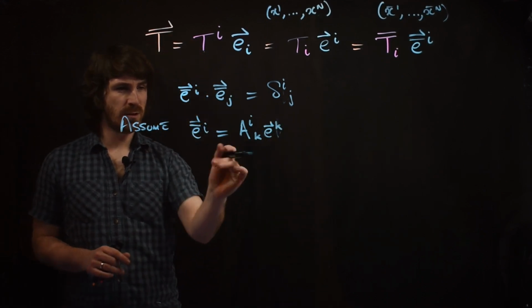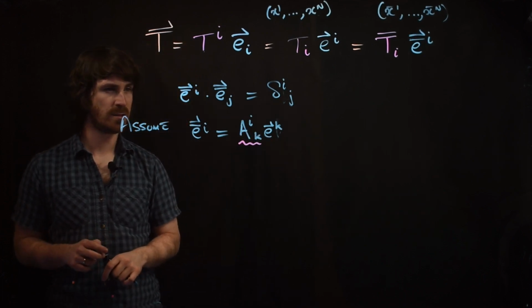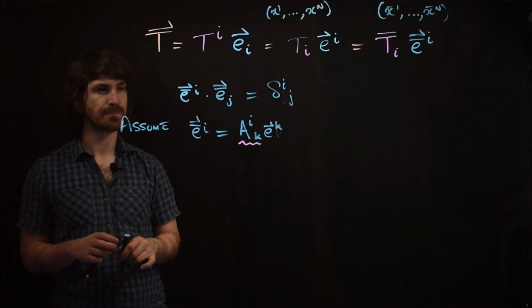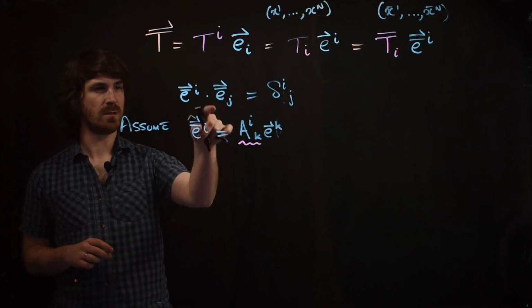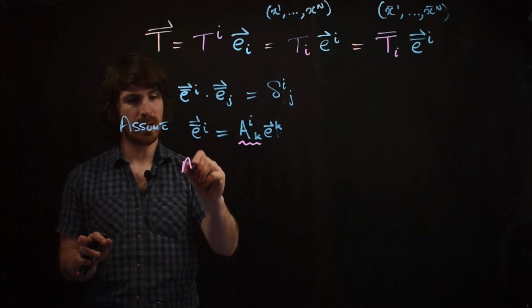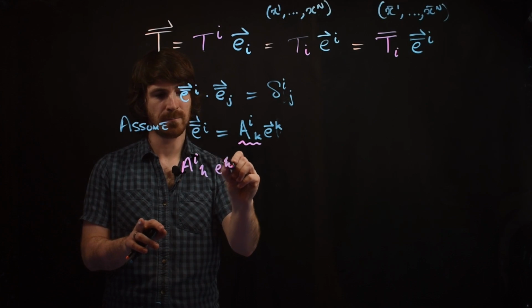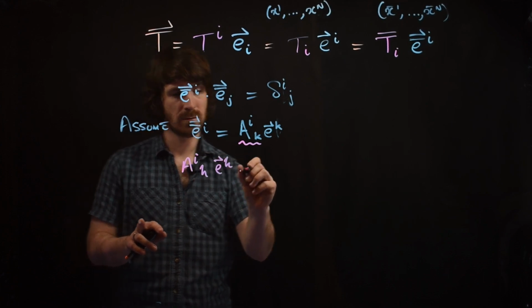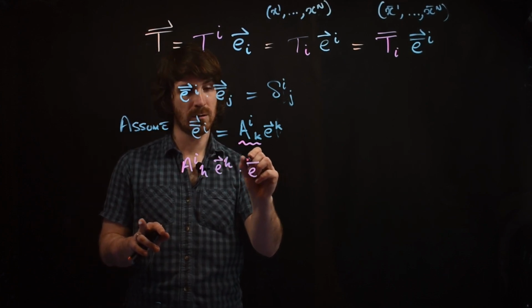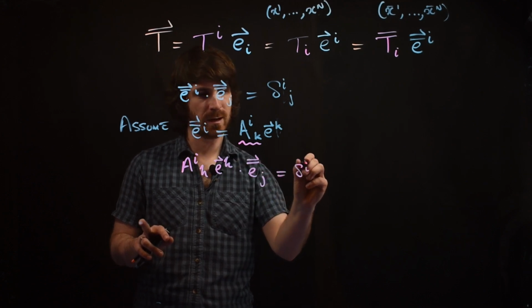Let's just assume this, and we want to determine what this a^i_k needs to be for this to be true. So let's substitute this into the line above, and we find that a^i_k e^k dot e_j bar equals delta ij.